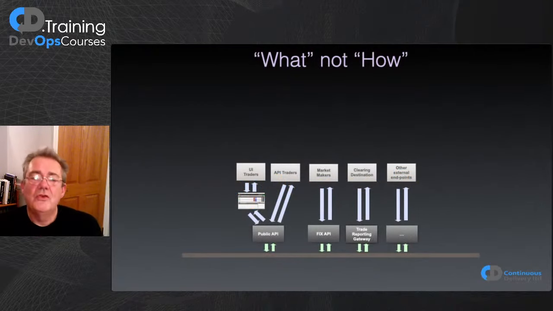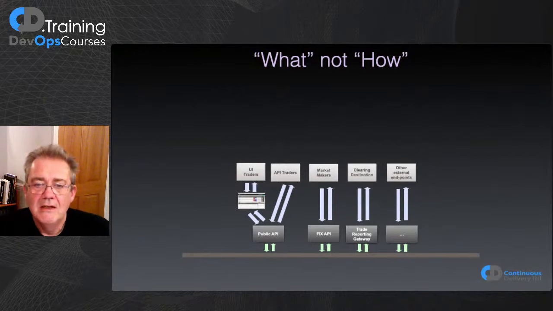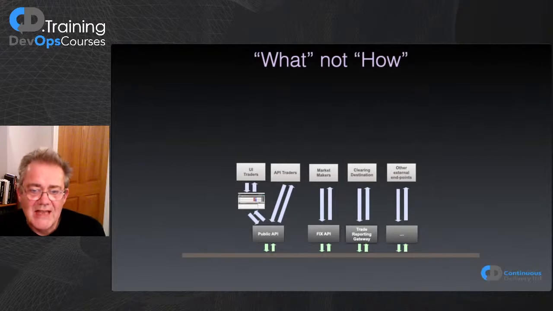The next crucial idea to allow these specifications to work as specifications really is that what we're trying to achieve is to separate very clearly what the system does from how it achieves that. And this is a key idea.